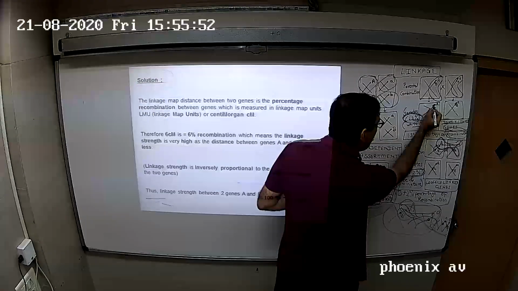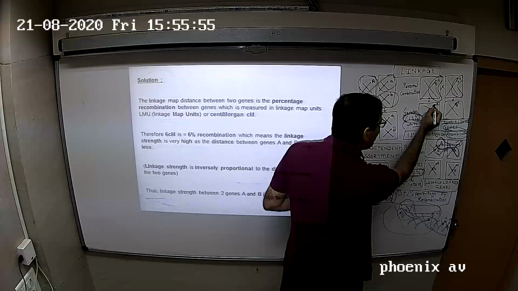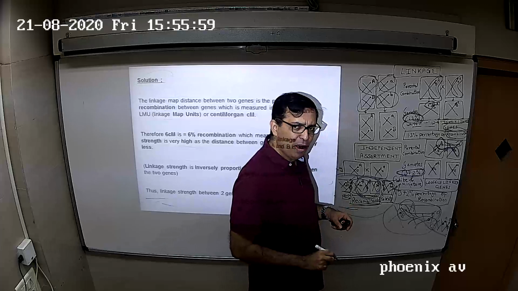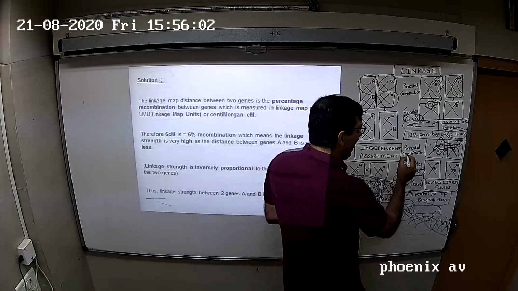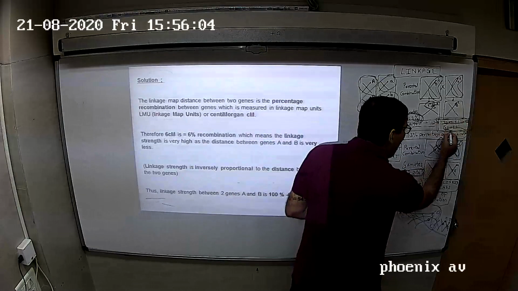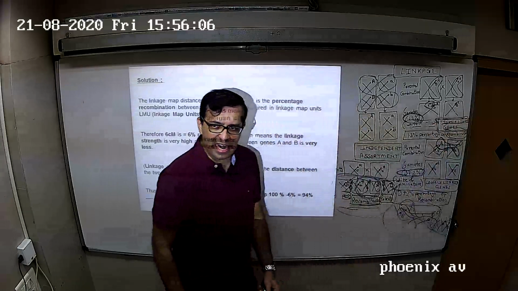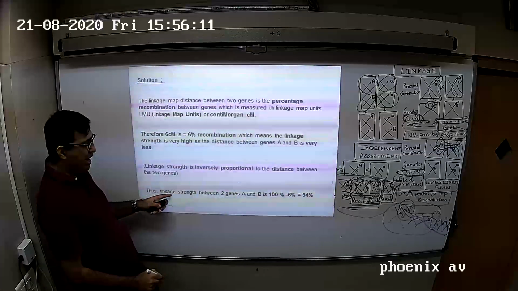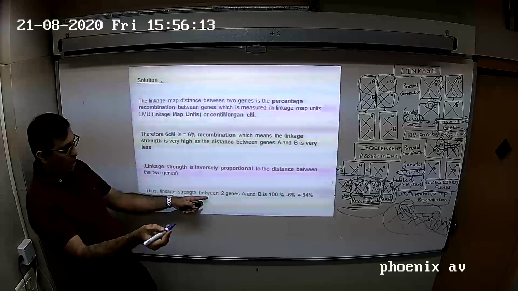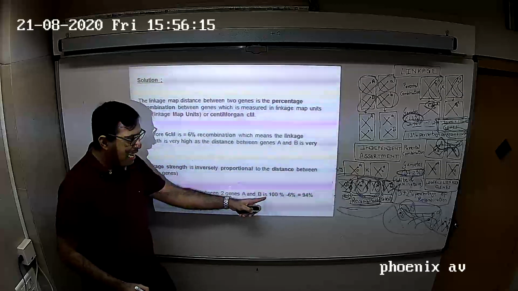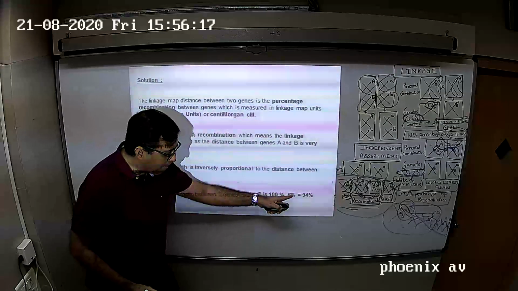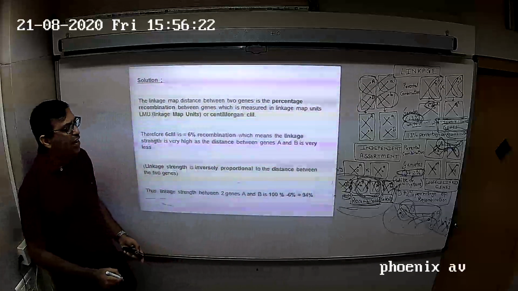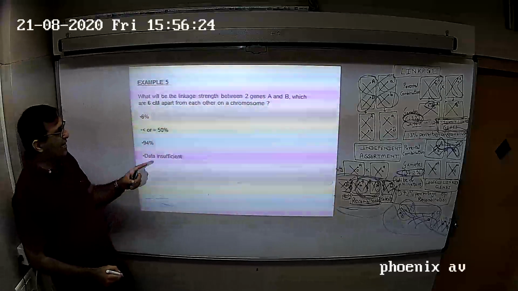A और B के बीच में सिर्फ 6% recombination possible है, which means these are tightly linked genes. And the linkage strength कितना होगा between two genes A and B? 100% minus 6%, which is 94%.